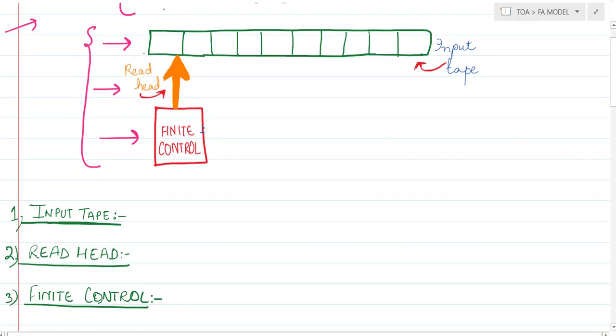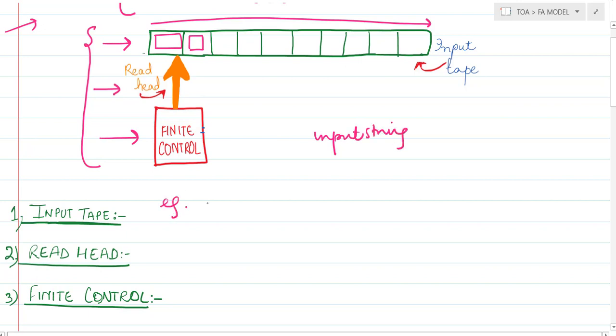So first we have the input tape. As you can see, the input tape here is divided into squares. These are identical squares and each square is capable of holding one symbol, those symbols that are present in our input string. For example, we have an input string like 10101.